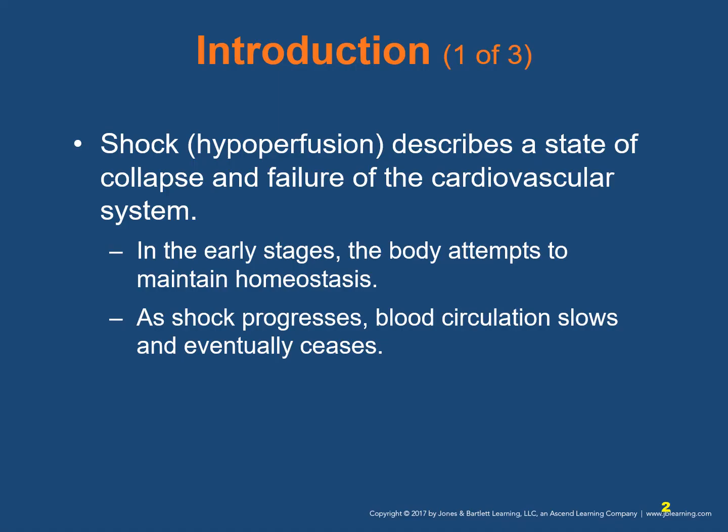Introduction. In this chapter, shock, or hypoperfusion, describes a state of collapse and failure of the cardiovascular system. In the early stages of shock, the body will attempt to compensate by maintaining homeostasis, a balance of all the systems in the body. As shock progresses, however, blood circulation slows and eventually ceases.